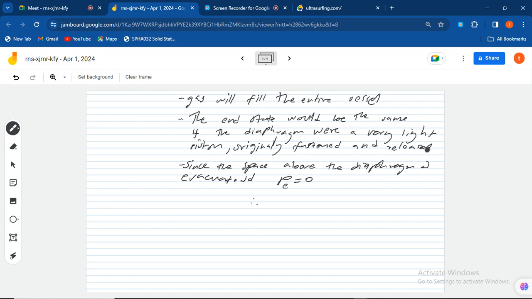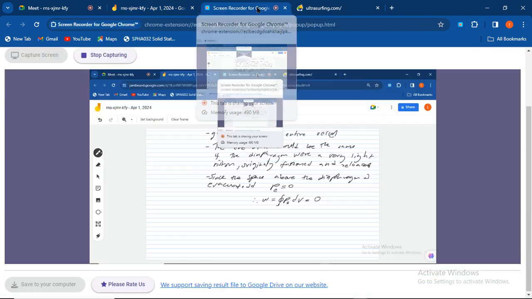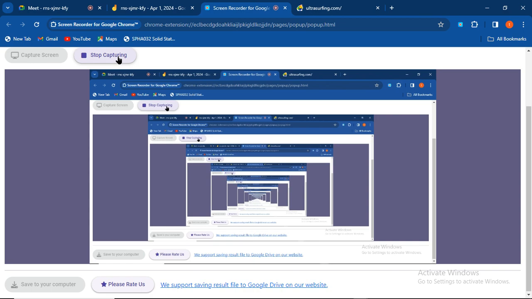Therefore, the work done, which is given by P external times the change in volume, is zero, because P external is equal to zero. So the work done will be zero as well. And yes, that's how we go about answering the 2023 test one question paper. Let's meet again in our next session.